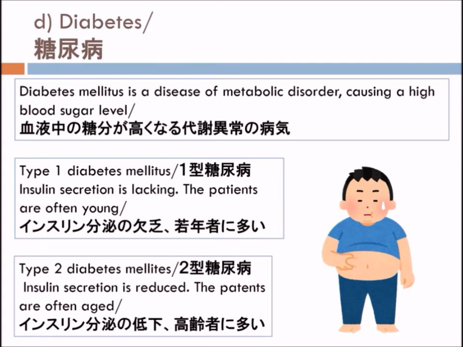In type 2 diabetes mellitus, insulin secretion is reduced. The patients are often aged. It is regarded as a lifestyle disease caused by overeating, lack of exercise, stress, etc. Symptoms are dry mouth, excessive drinking, urination, weight loss, malaise.